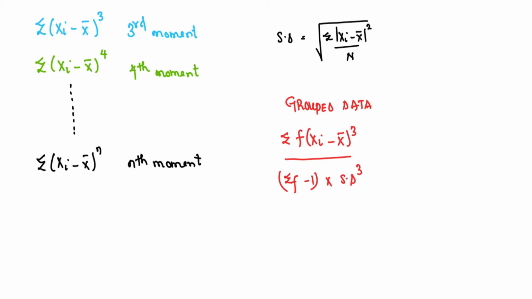The formula for the standard deviation for a grouped data based on score is the square root of the summation of f times (xi minus x bar) squared, divided by the summation of f.